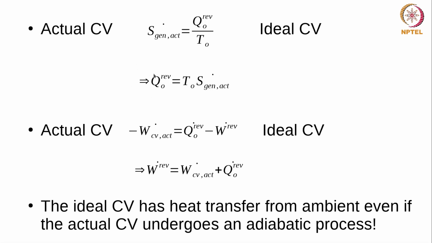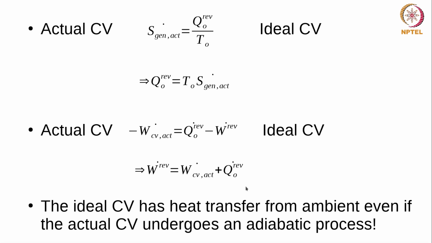Now secondly, if I look at the energy equation, minus W dot of the CV in the actual case will now become Q dot reversible from the ambient minus W dot reversible for the ideal control volume. Therefore, the work done in the case of the ideal control volume, W dot reversible, is whatever work I was getting in the actual control volume, W dot CV actual, plus this additional Q dot reversible from the ambient.